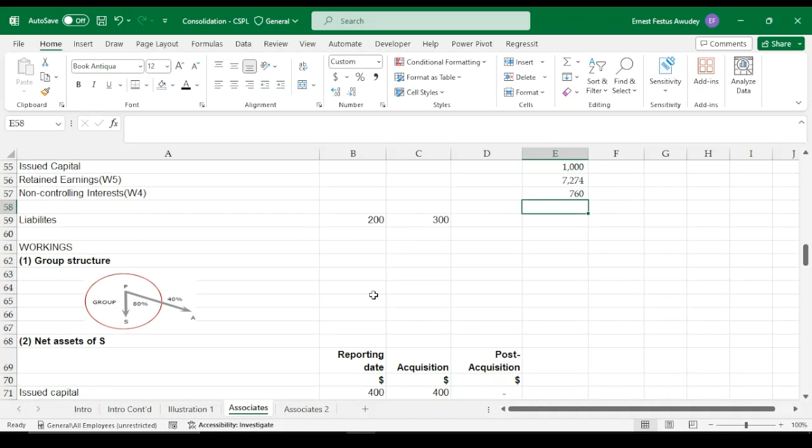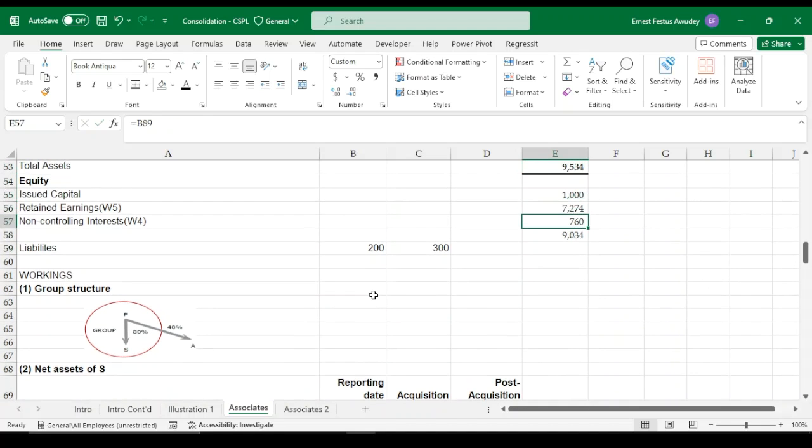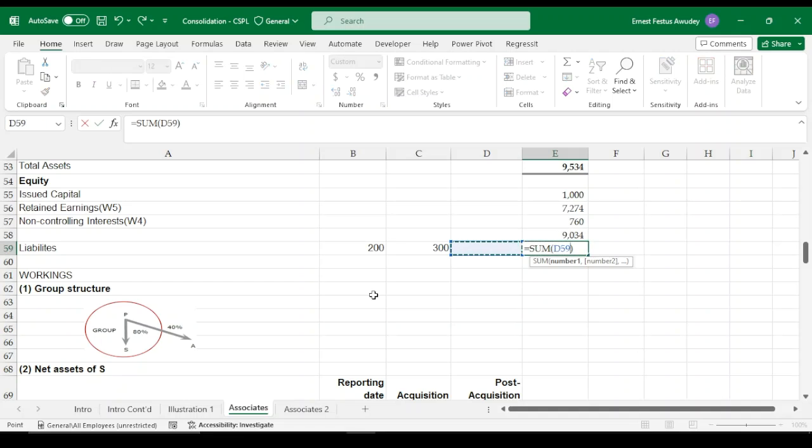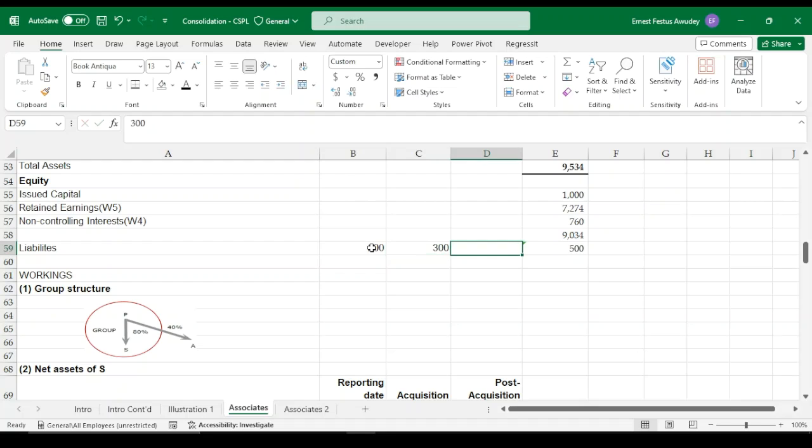And then I can add these three together. Added those together, then I can also add my liabilities, which are actually two figures, 500. So this is equal to this plus, so let me have 200 and then 300.